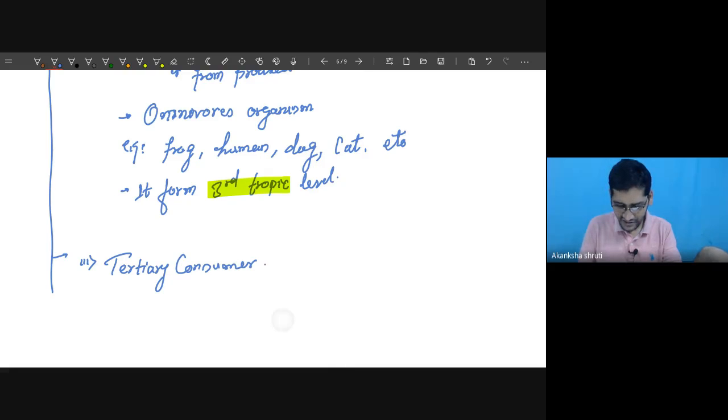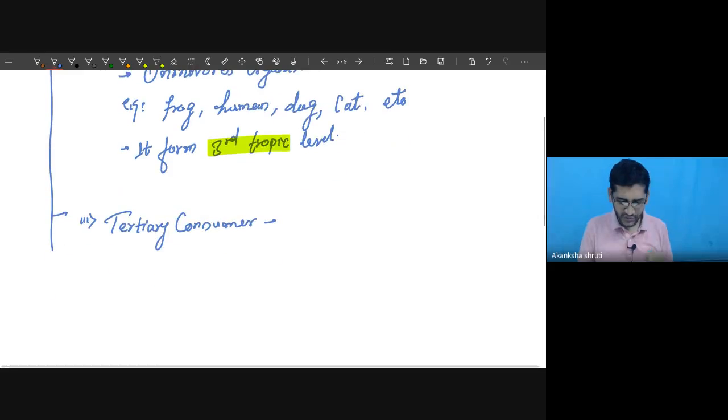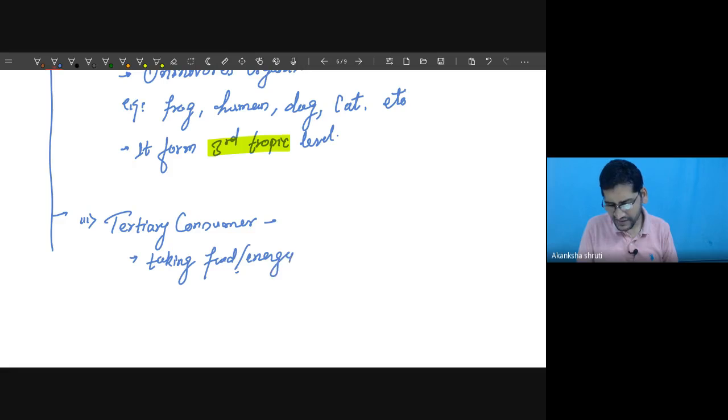So tertiary consumers are those organisms which take food or energy from primary or secondary consumer.